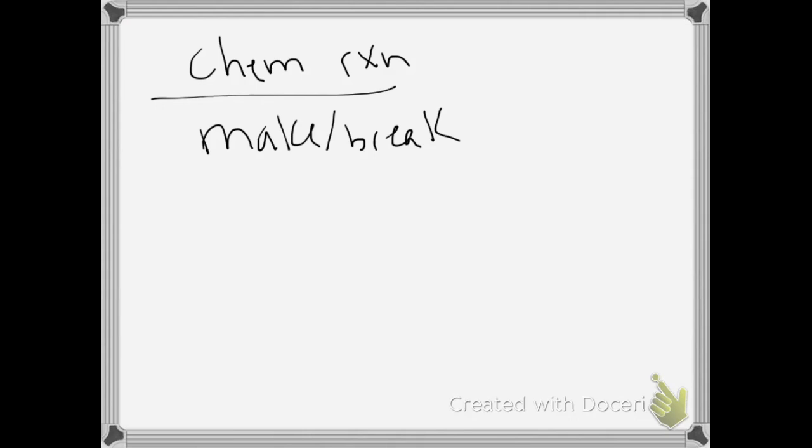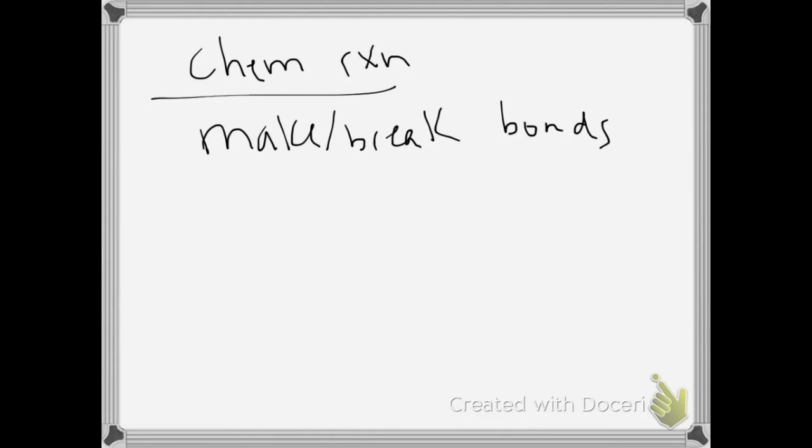So the number of atoms is the same in the beginning and at the end, but the arrangement of the atoms is different, and we'll show that. We'll show the different kinds of chemical reactions in just a second. So how do these chemical reactions take place? Particles are always moving around. I know we can't see them, but they're constantly moving around.